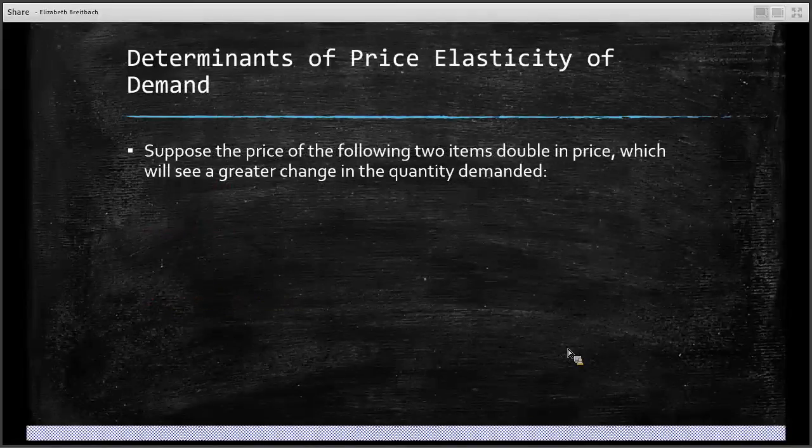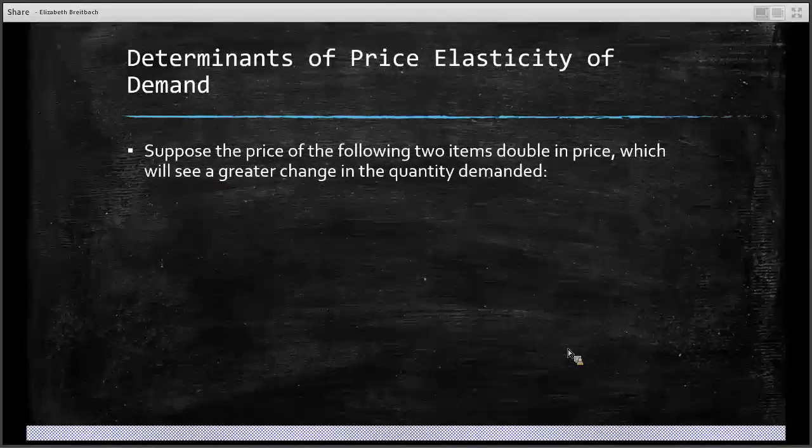Oh, actually, before we look at how it affects the slope, let's see what determines price elasticity of demand. So suppose the following two items double in price. Which will you see a greater change in the quantity demanded? Before we move on and look at these two goods, I want you to remember that when we're thinking about demand, it's only the individuals who are willing and able to purchase the product.